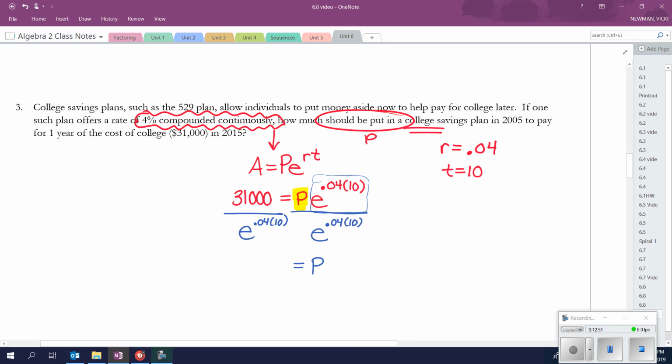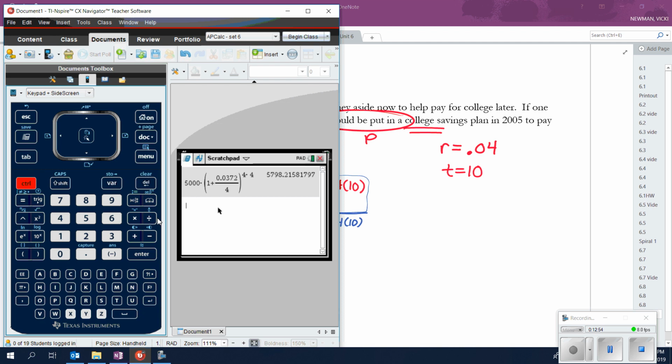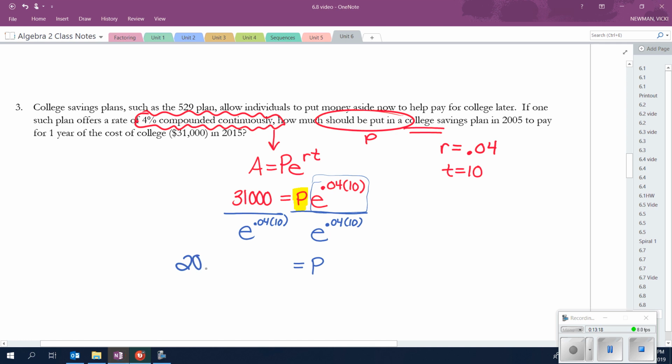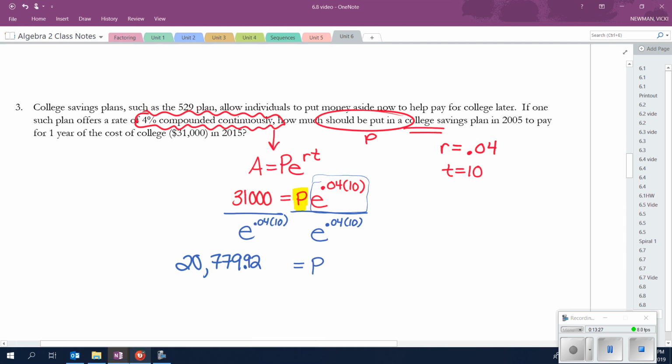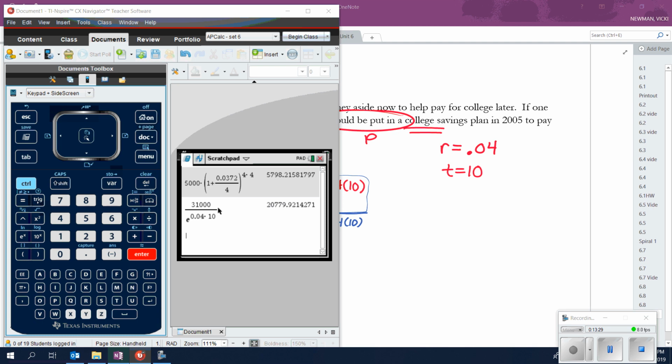So let's go to the fancy schmancy calculator. $31,000 divided by, you have to use the E key, not the keyboard, 0.04 times 10. So in 2005, I should have deposited $20,779.92. Yeah.